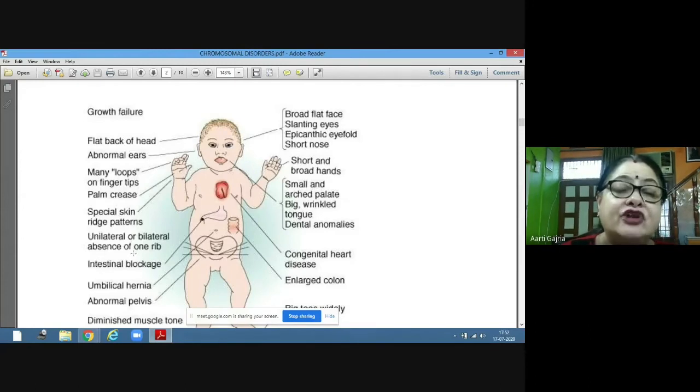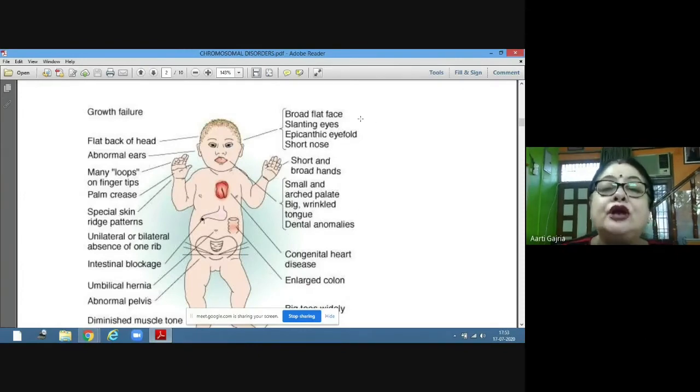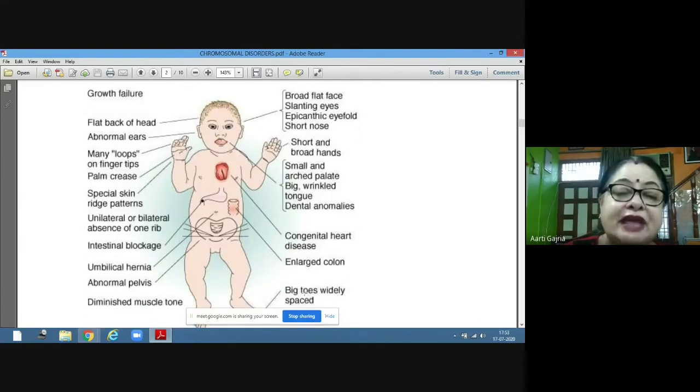Unilateral or bilateral absence of one rib, then intestinal blockages, umbilical hernia, abnormal pelvis, diminished muscle tone, broad flat face, slanting eyes, epicanthic eye fold, short nose, short and broad hands, small and arched palate, big wrinkled tongue, dental anomalies, then congenital heart diseases, enlarged colon, and big toes widely spaced.